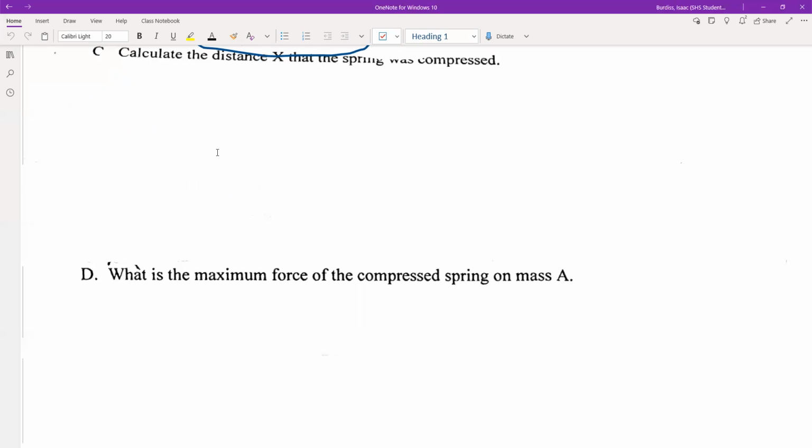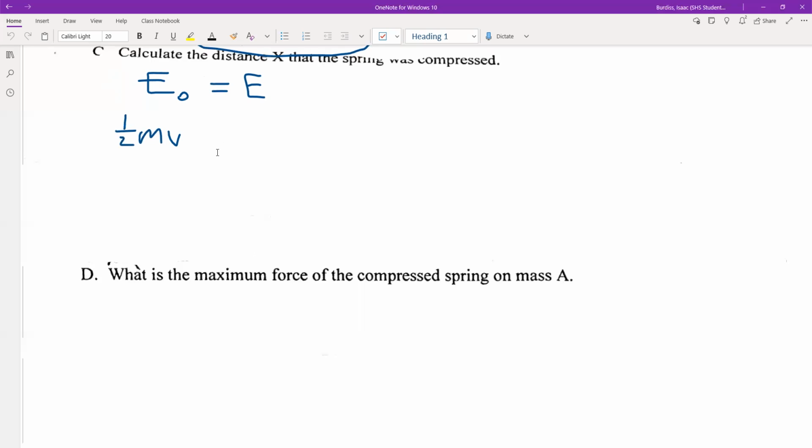Instead, we actually can use this, using a different equation that still involves what we know, which is k, x and v. And we just found v in the last one. Oops, that's the other way around.